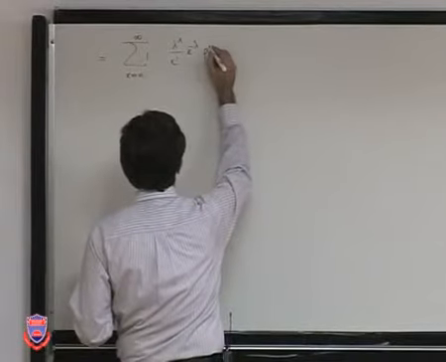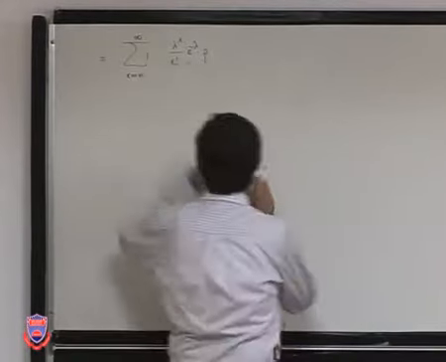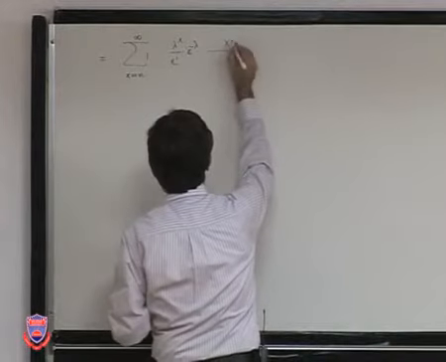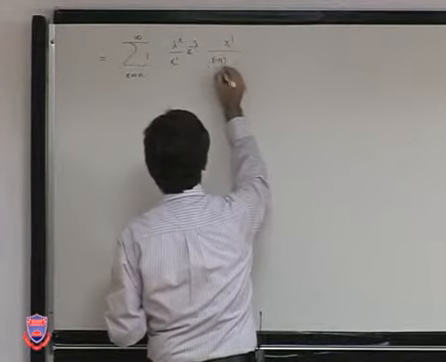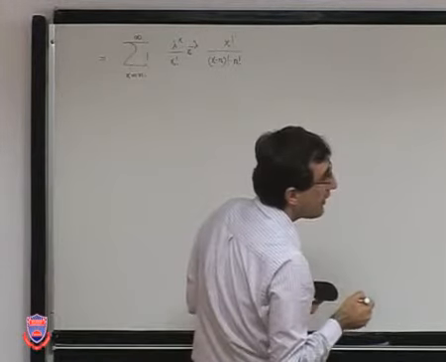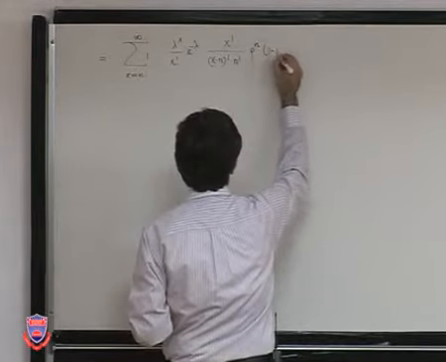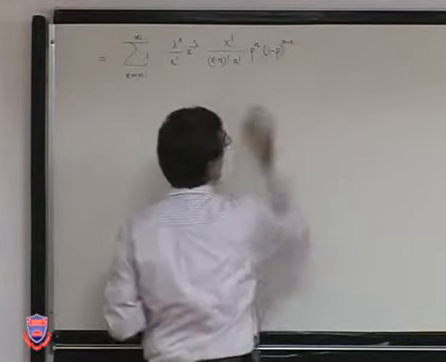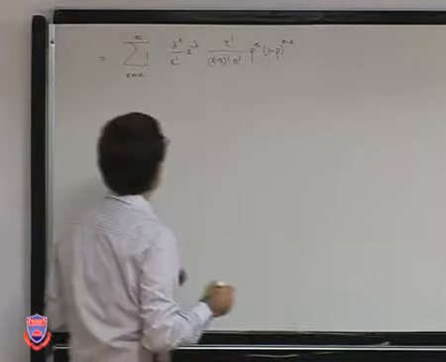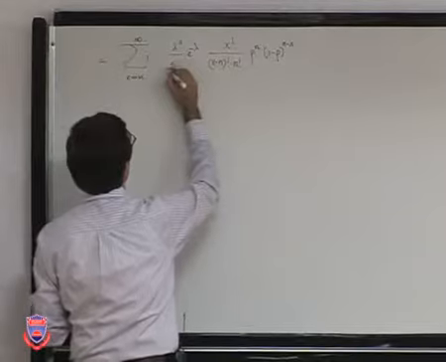What do I have? N choose x, what is that? N choose x is x factorial divided by (x minus n) factorial times n factorial, right? Then you have p to the power n times (1 minus p) to the power n minus x, right? I only replaced n choose x with whatever that means.